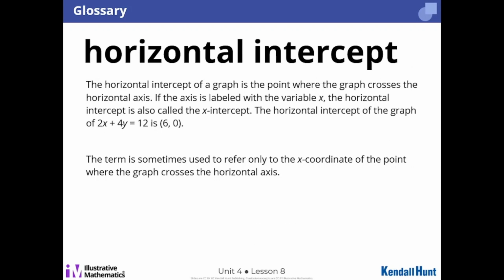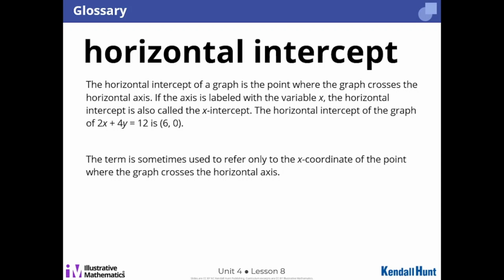Our next term is horizontal intercept. The horizontal intercept of a graph is the point where the graph crosses the horizontal axis. The way that I remember this is that a capital H has that crossbar, that sideways line in the middle.